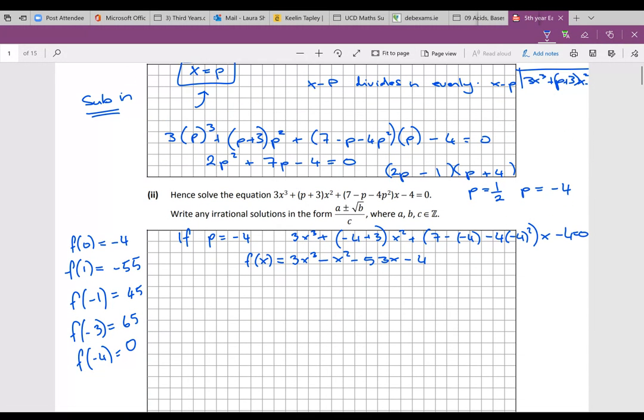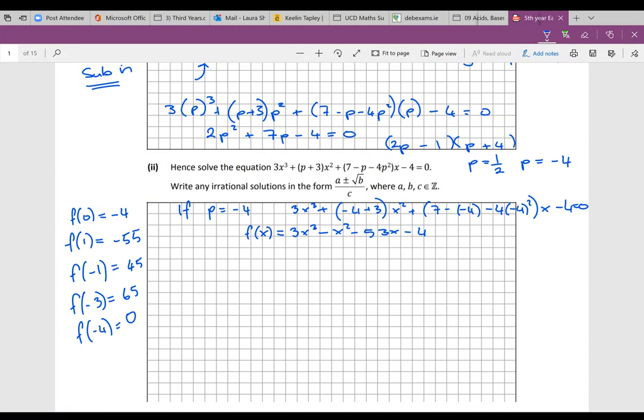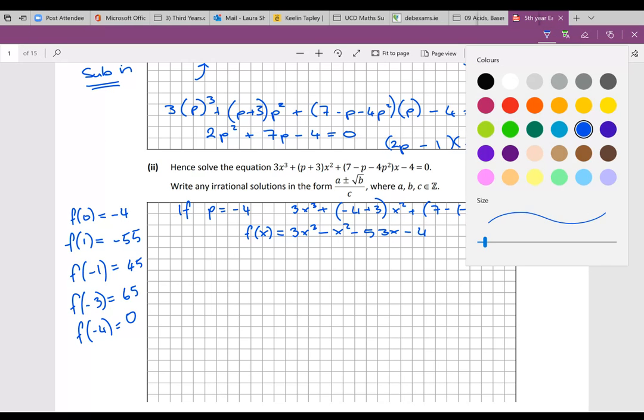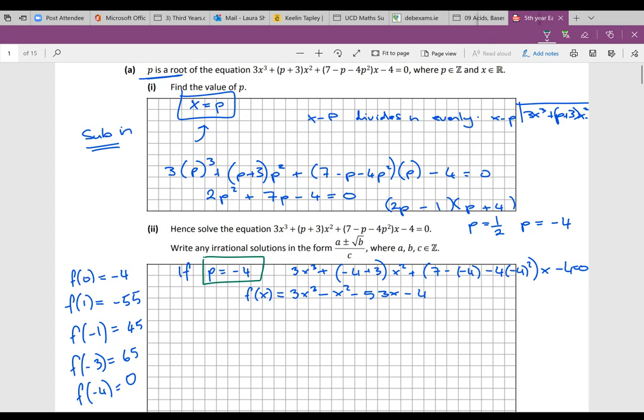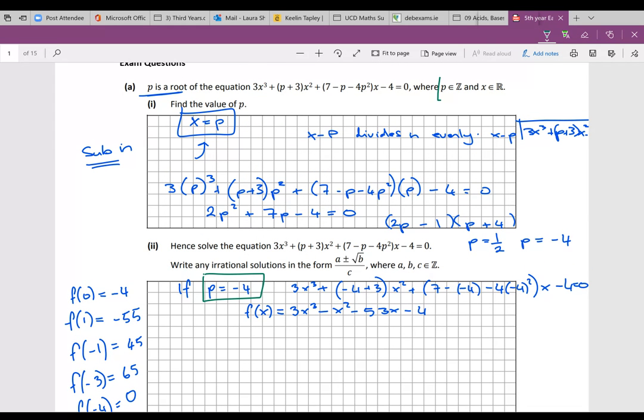It then asks you to solve the equation. Now, I've kind of started this one already, so I'm just going to change pen here. It asks you to solve this equation and write any irrational solutions in this form. Just to be clear, it says up here that we're looking for p to be an integer.